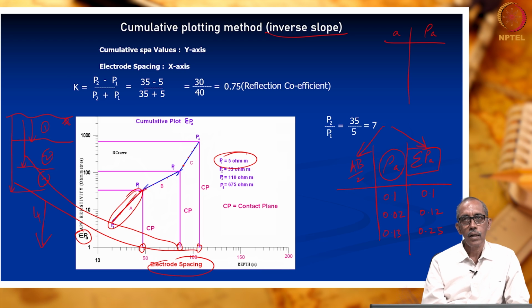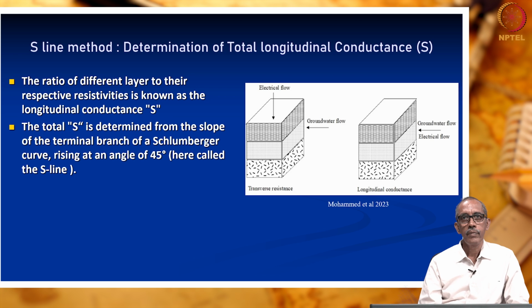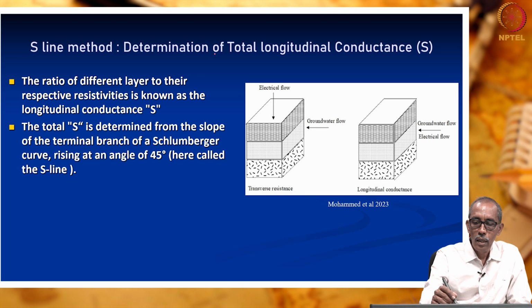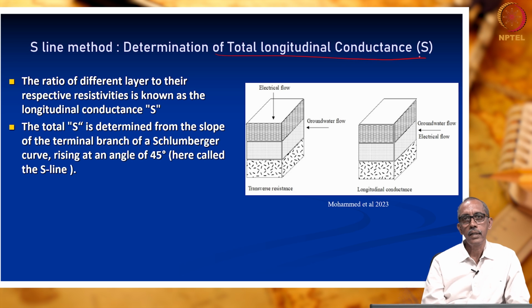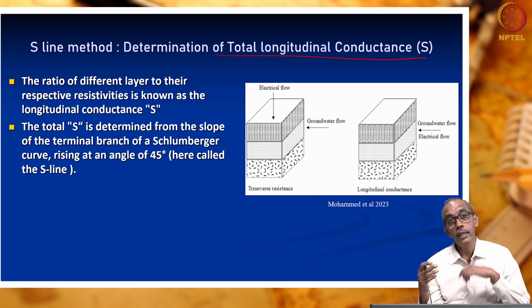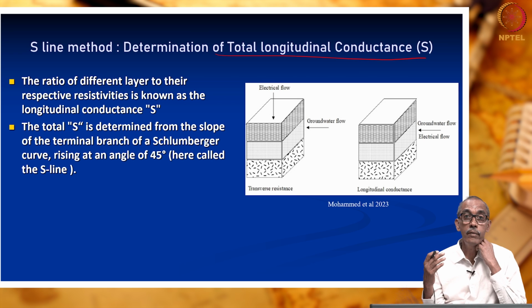So, this is how we are able to make use of the cumulative curve plotting method to understand the subsurface. Then the next is the S-line method. In the S-line method, we are trying to understand the effect of total longitudinal conductance. Hope you can recollect a few lectures before, we had seen the analogy between electrical resistivity and water conductance through the formations.